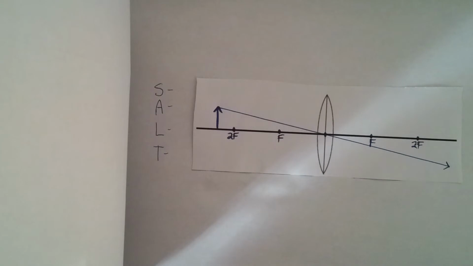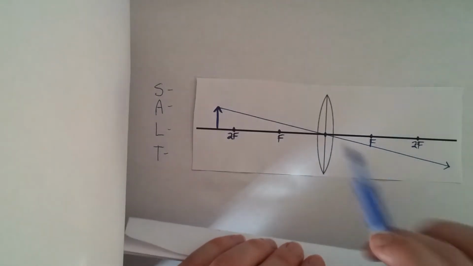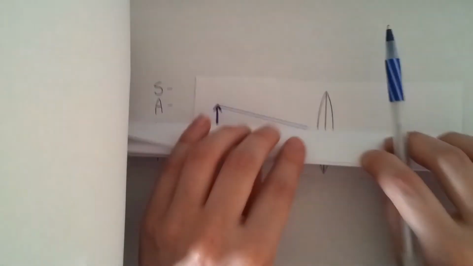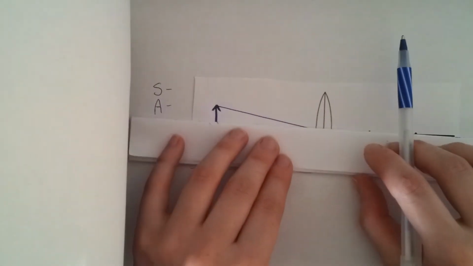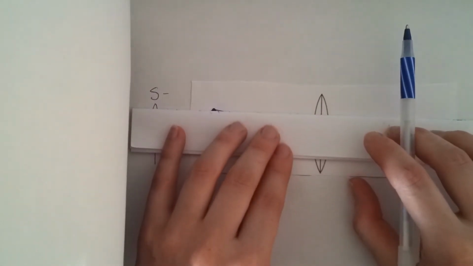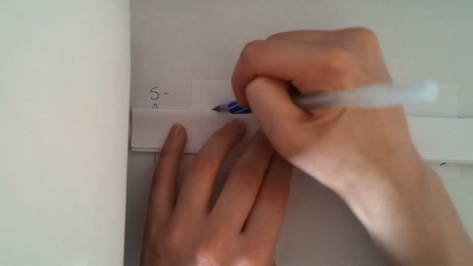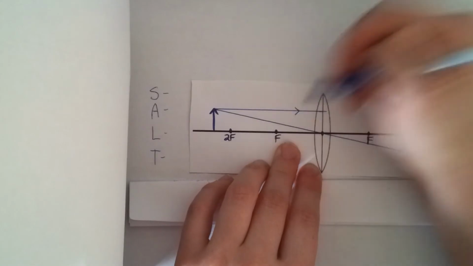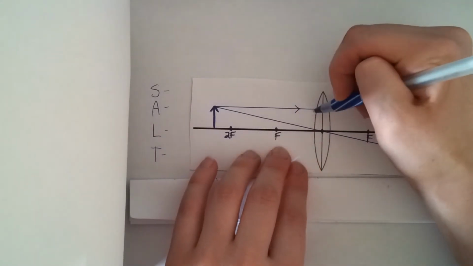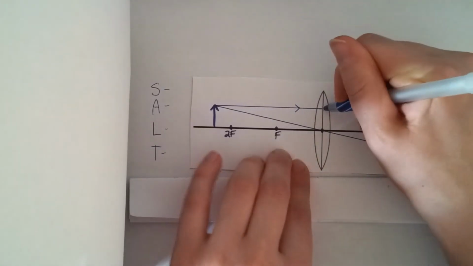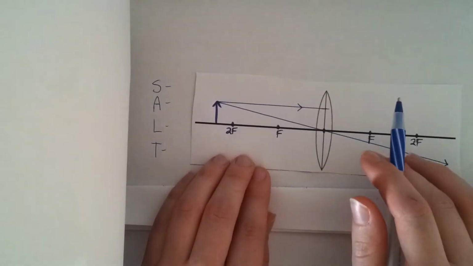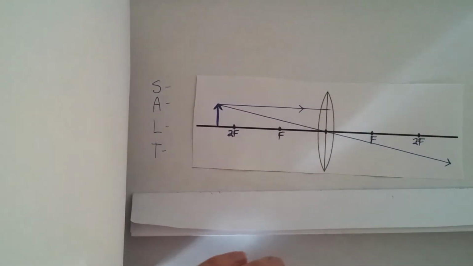Our second line that we're going to draw will be parallel to the principal axis, and we're going to stop once I hit the middle of the lens. All right. So again, I'm drawing my arrowhead, stopping midway through the lens, and since we've gone parallel to the principal axis, we now have to go through the focus.